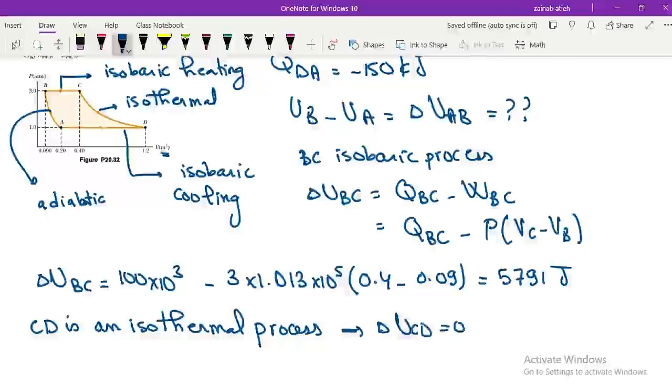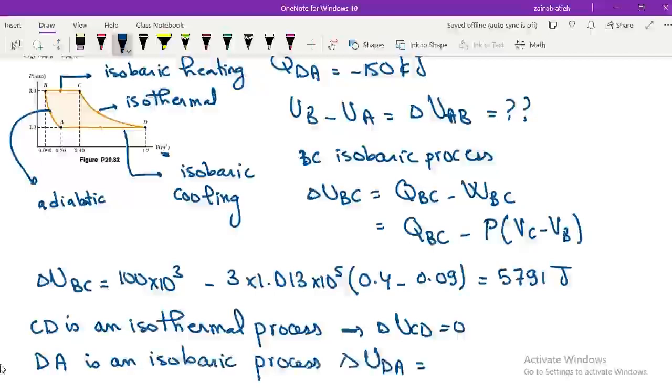So similarly as we have done for BC, we will say that dA is an isobaric process. Then delta U dA is equal to QdA minus work dA.